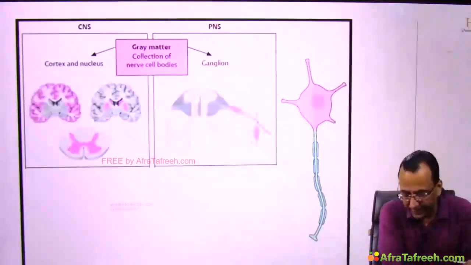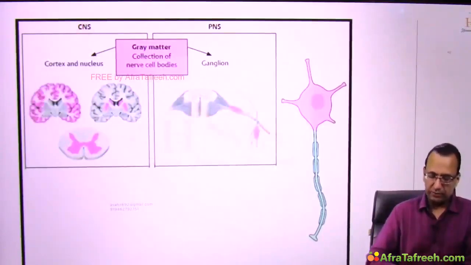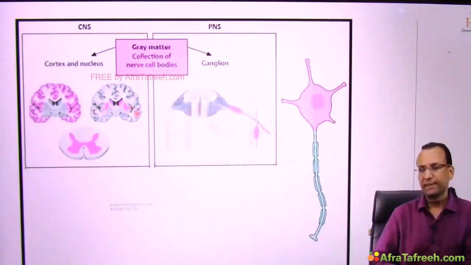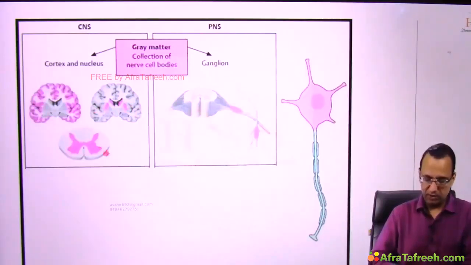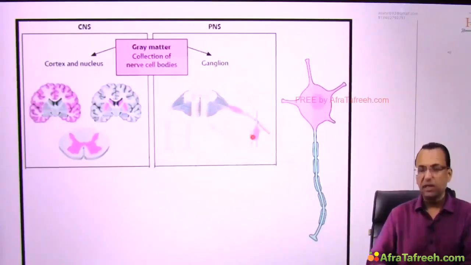So the CNS can have some neuron body collection making a cortex, or maybe some basal nuclei, and even the spinal cord nuclei. But if it is a collection of neuron bodies in the PNS, there will be ganglia, like the dorsal root ganglia, the sympathetic ganglia, and parasympathetic ganglia.